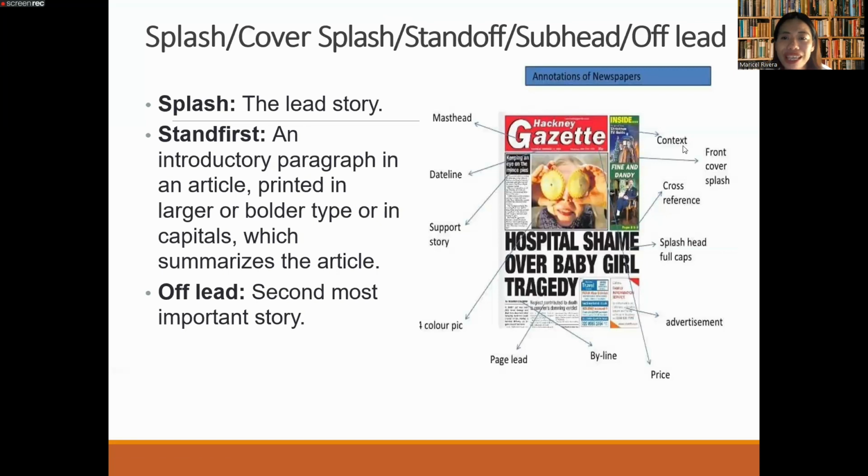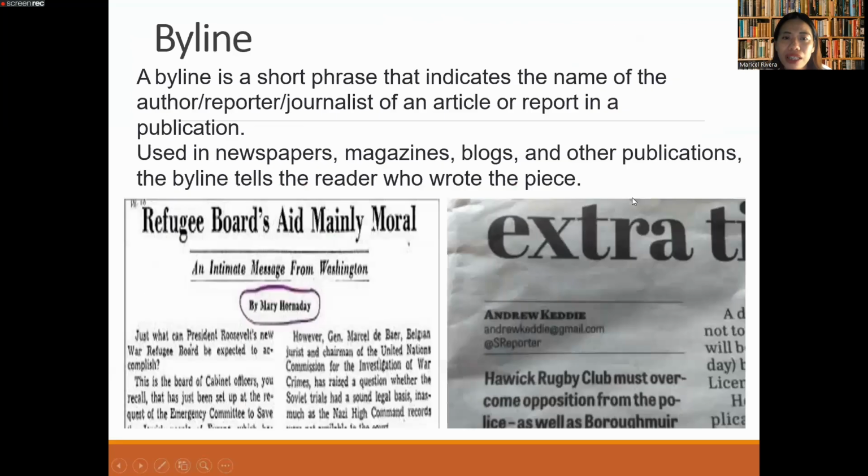So we do have here an example of a front page. We have the dateline, the masthead. Next is the byline. The byline is very simple to understand. It is a short phrase that indicates the name of the author, reporter, or journalist of a specific article.